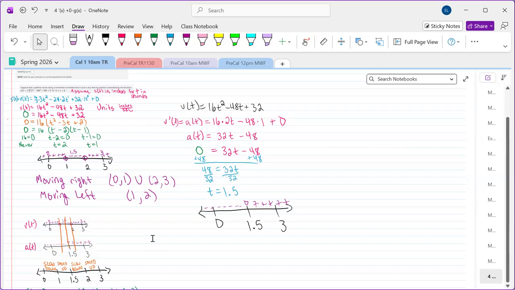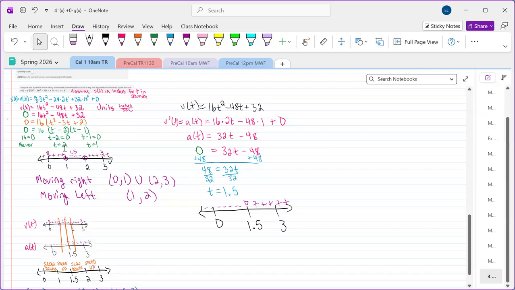So from 0 to 1, how do I know it's moving in the positive direction? Because when we plug in a test value for all the numbers left of 1, which I plugged in 0 into the function, the velocity at 0 would be positive 32 because we'd get 0 minus 0 plus 32.